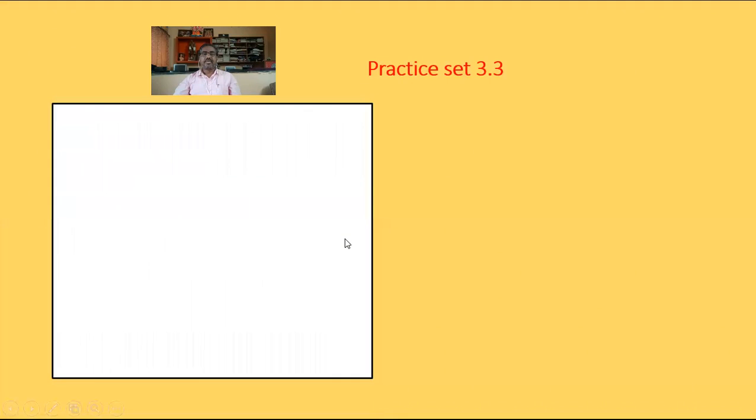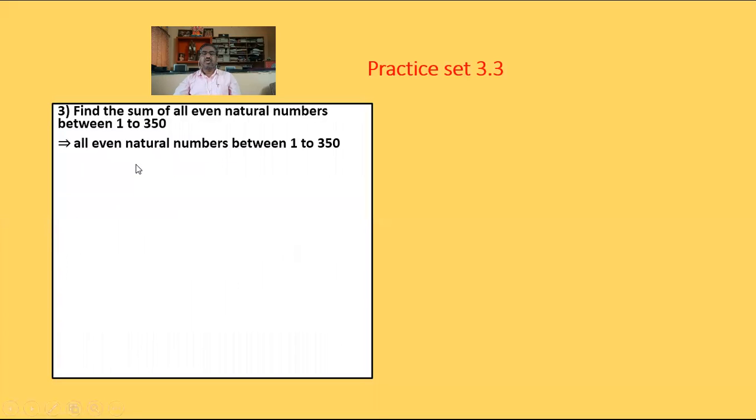Problem number 3. Find the sum of all even natural numbers between 1 to 350. All even natural numbers between 1 to 350 are 2, 4, 6, 8, ... 348.